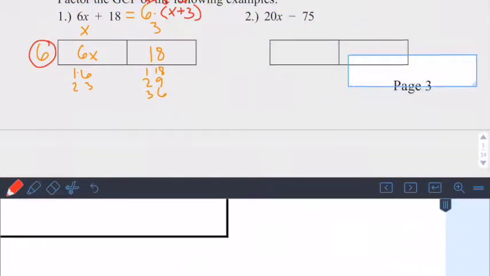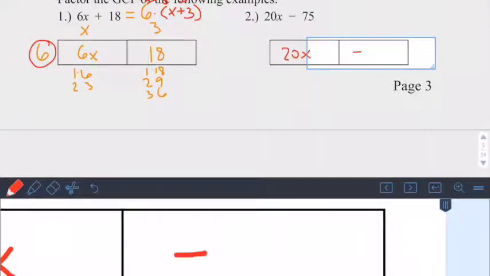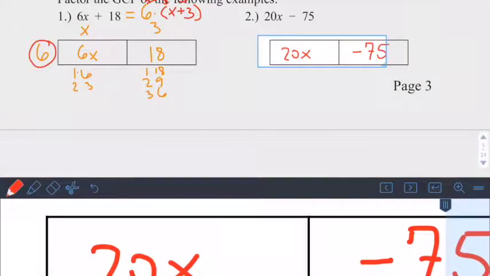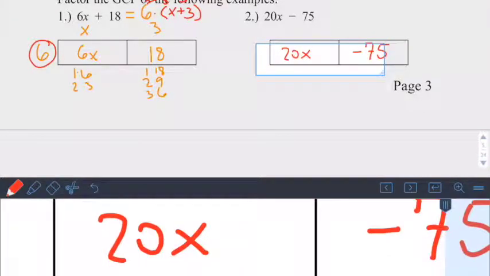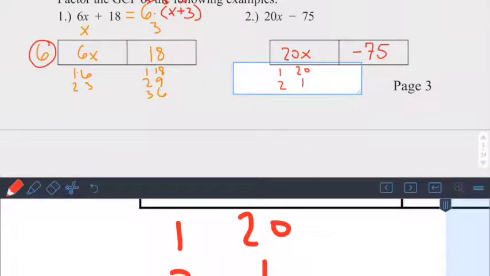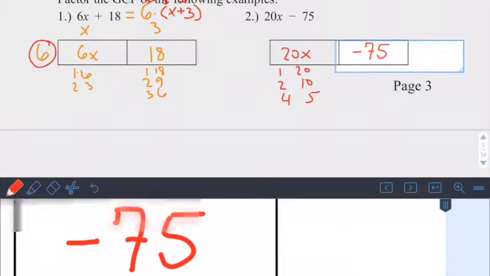Let's do the same thing with 20x minus 75. Okay, so I want the greatest thing I could divide out of both of them. So I could list them all out if I need to. So 1 and 20, 2 and 10, 3 doesn't work, 4 and 5, 6, well, we're at 5, so we're done.